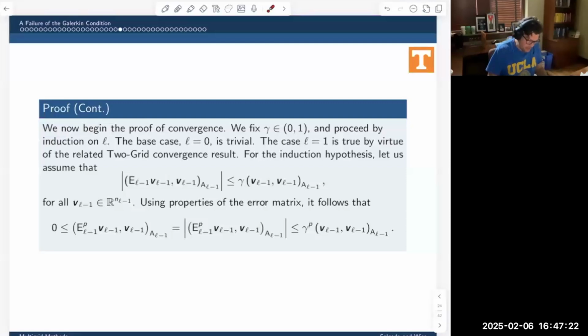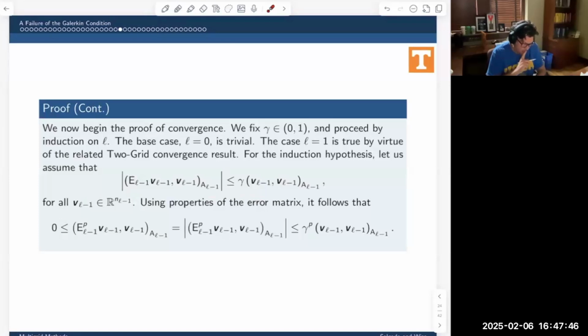So the induction hypothesis is going to be, let's suppose that the result holds true at the lower levels. Okay, at level L minus 1, we'll assume that we have, for any gamma, that we have this bound holding, as long as M is sufficiently large. So that's the idea of the induction hypothesis.